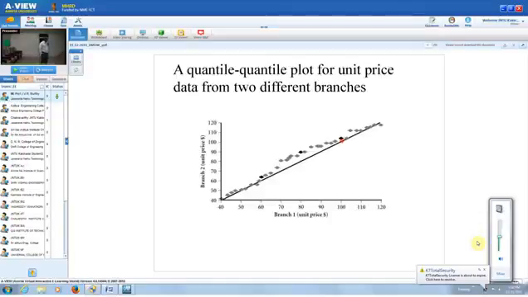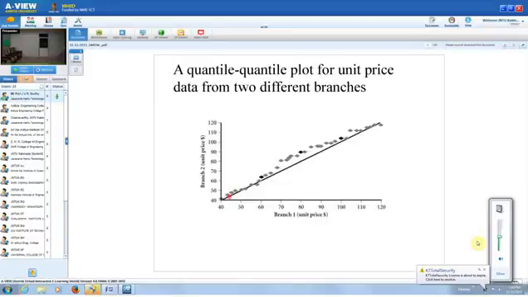So at some place you will see initially the branch 1 price against branch 2 price. If you consider this point, see, what does it indicate? Branch 1 at this quantile, the price is something like $42 or something.